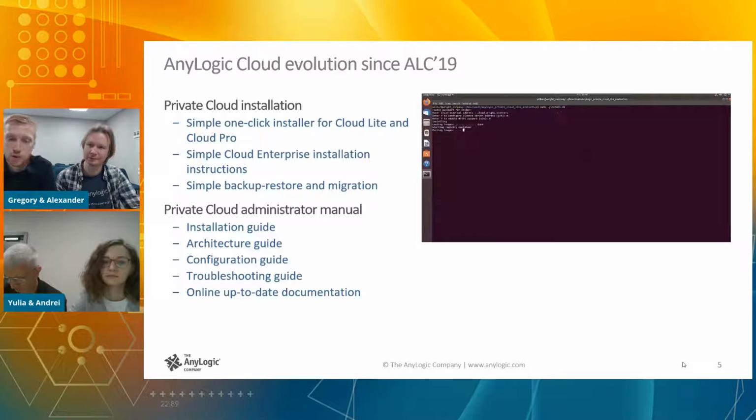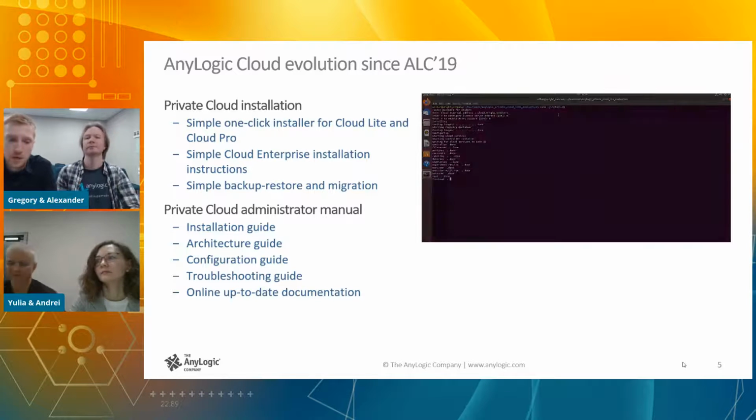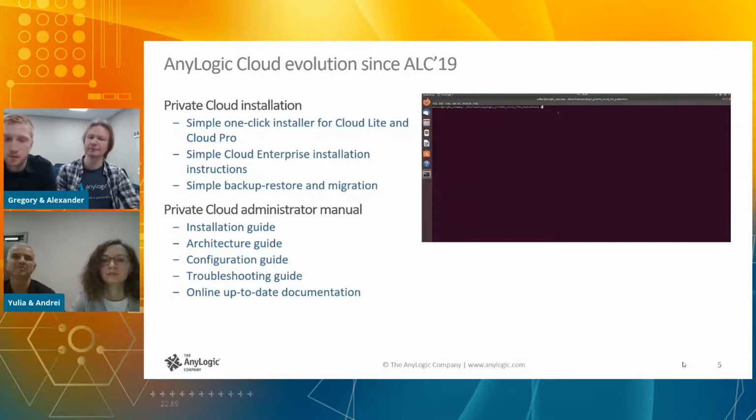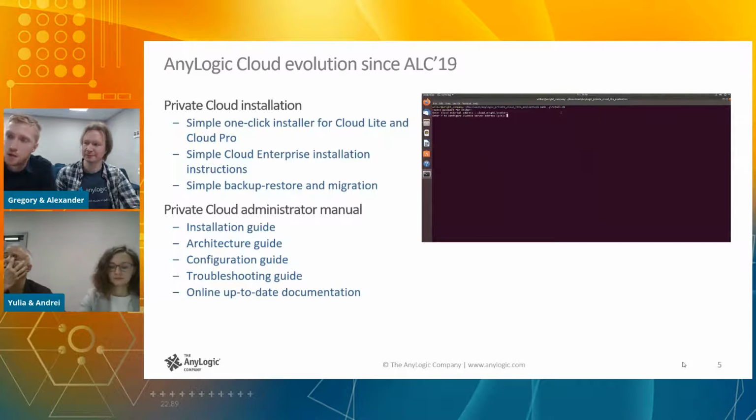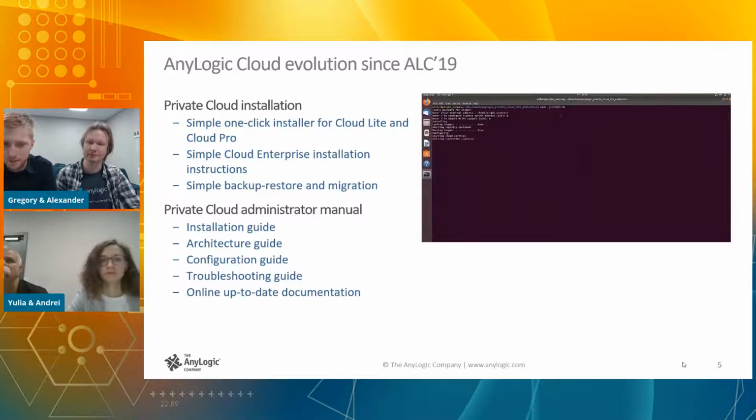For instance, you want to present the product to your security department and evaluate it, or you want to maintain the product in a stable state and implement some customization of the cloud look and feel or internal configurations. The administrator manual is here to help you. The manual is available online and is updated with each product release.